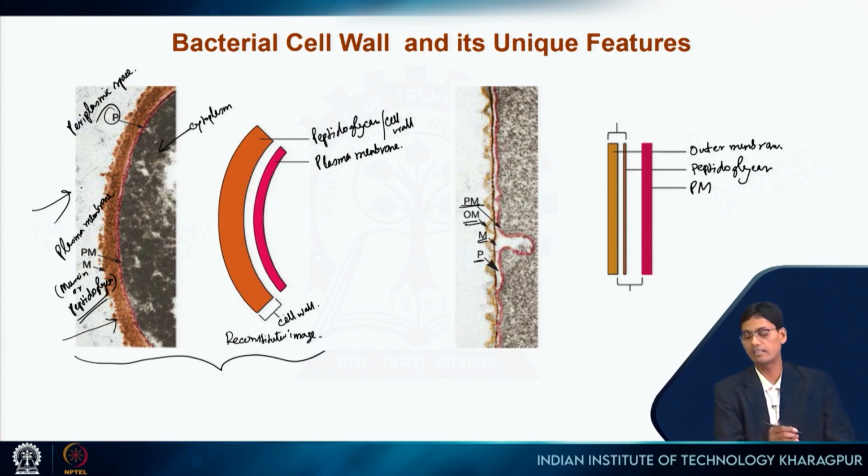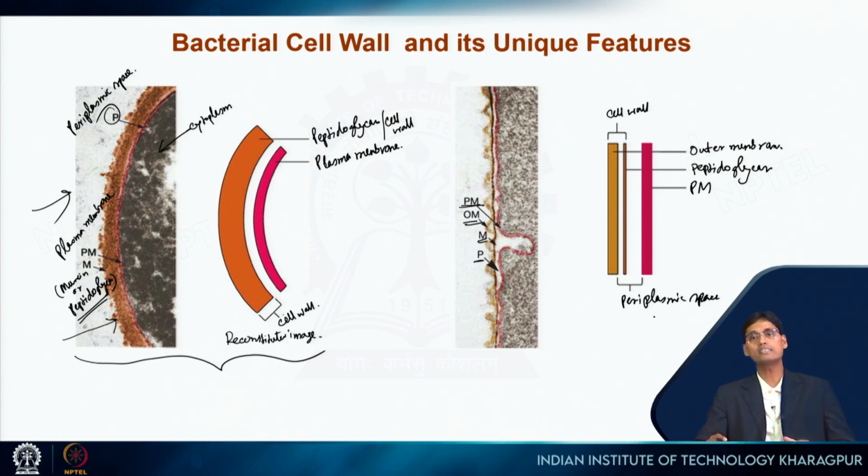On the left side, whatever I am showing, the outer membrane is not there. Together, this outer membrane and peptidoglycan we call the cell wall, and here the periplasmic space.